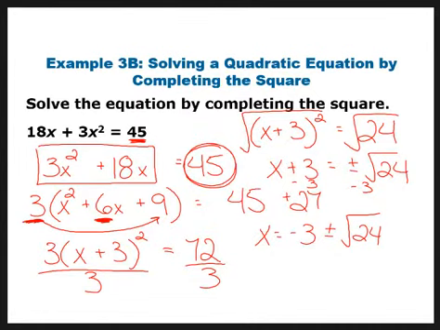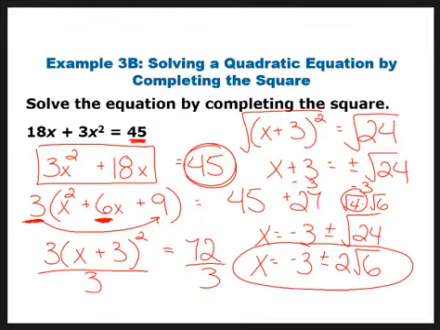I'm looking at 2 would go in, or excuse me, 2 is not a perfect square. 4 would go in there. So I'm going to think about this as the square root of 4 times the square root of 6, because 6 times 4 would give me 24. So x equals negative 3 plus or minus the square root of 4, which is 2, times the square root of 6. I can't do anything with the square root of 6, so I leave it as is. And that is my answer. I cannot go any further because I have a radical in there.